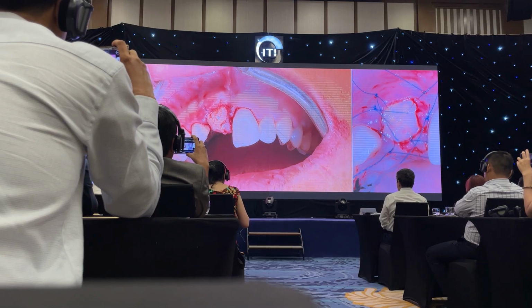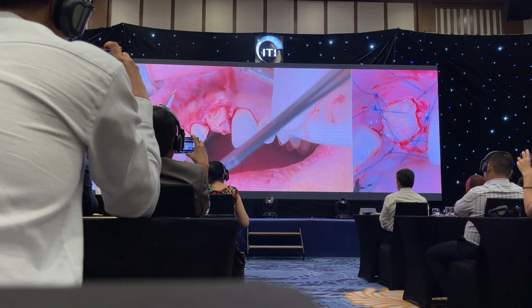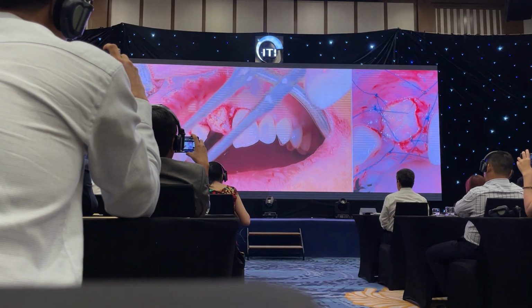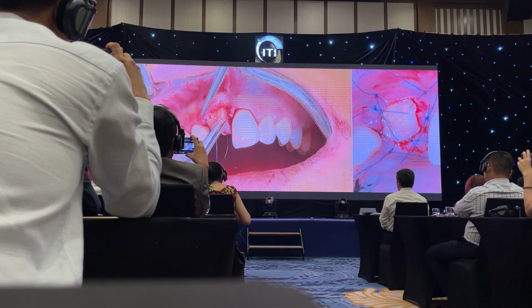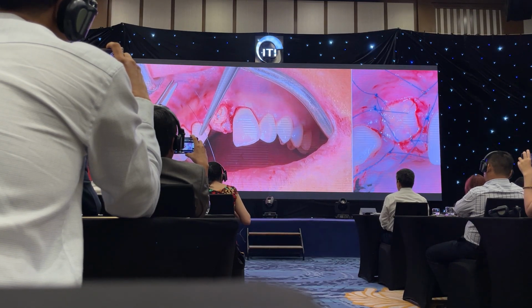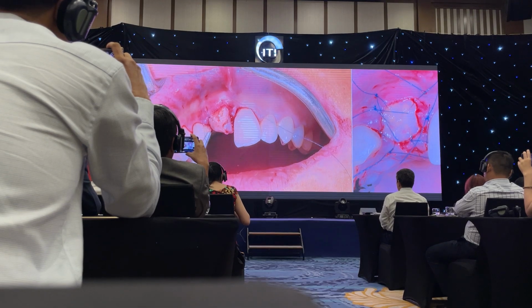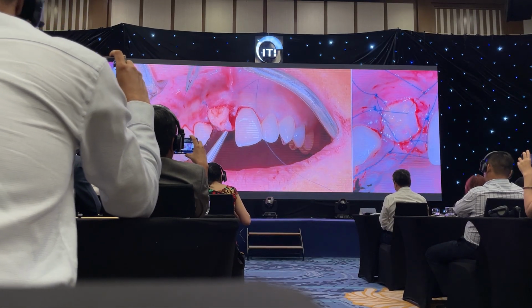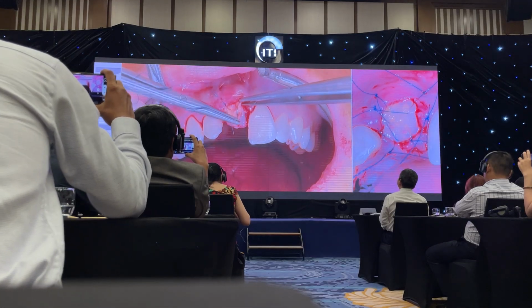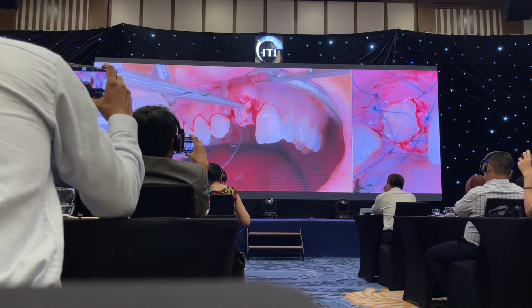So here this is again the polypropylene. You see I work with microsurgical instruments. Another one.